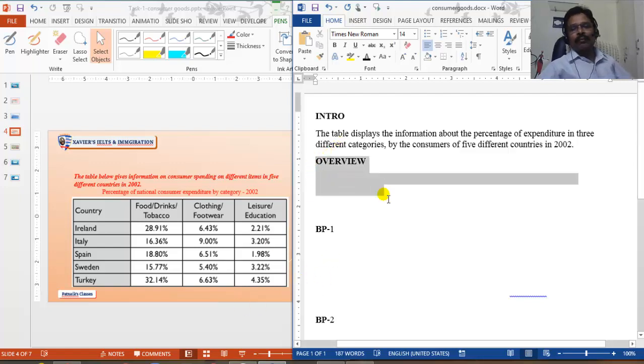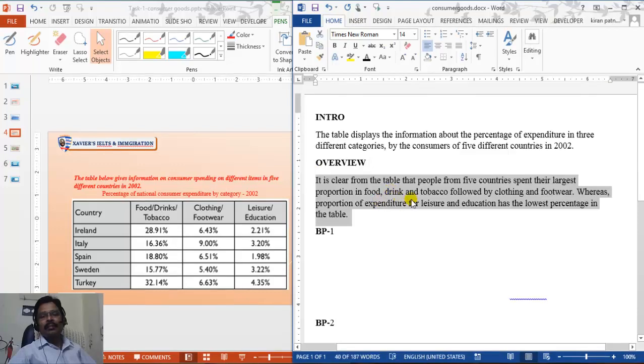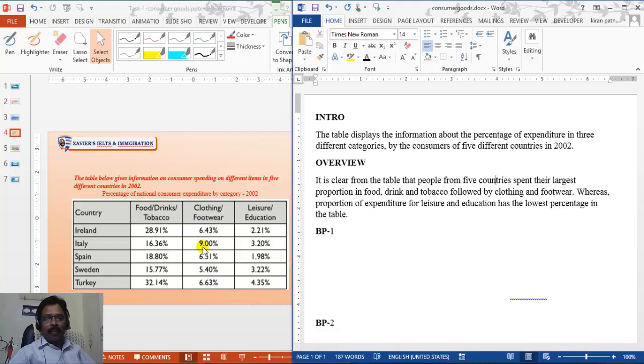So accordingly, what overview I have written is: it is clear from the table that people from 5 countries spend the largest proportion in food, drink and tobacco, followed by clothing and footwear, whereas the proportion of expenditure for leisure and education has the lowest percentage in the table. See, this is what it is saying, right?